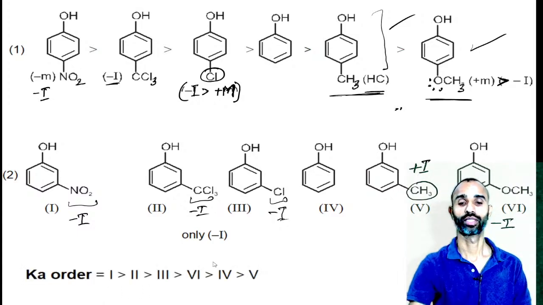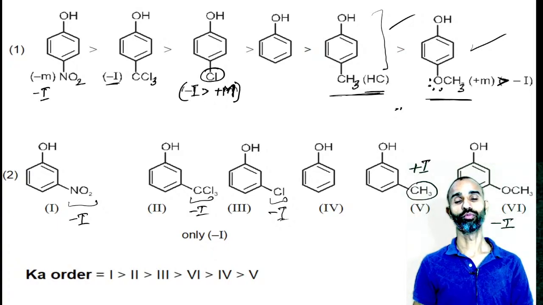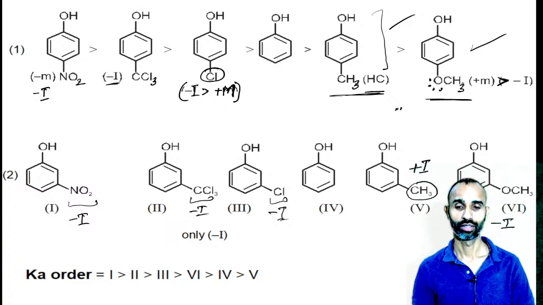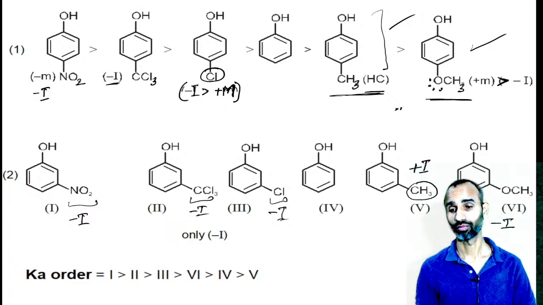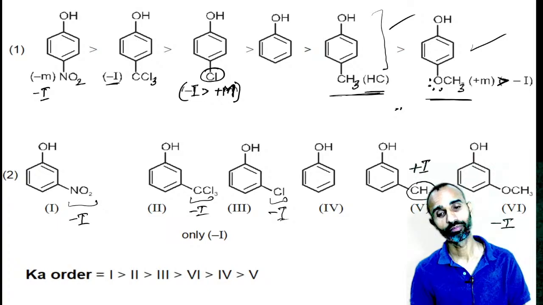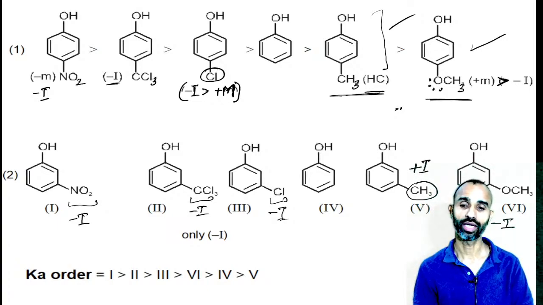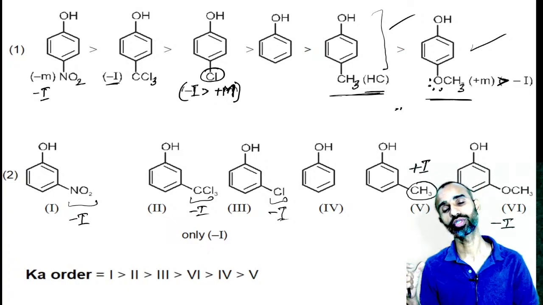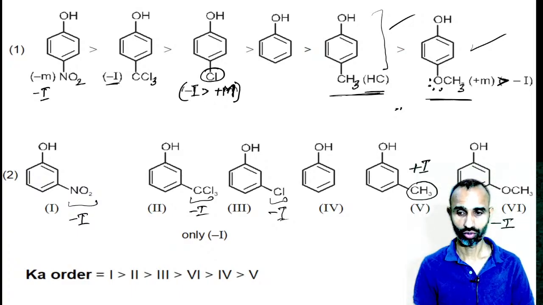See, the first one is most acidic, then it is second, then third, fourth, third and sixth, because all have minus I effect, and minus I effect of NO2 is more than CCl3, CCl3 is more than Cl, Cl is more than OCH3, because in OCH3 oxygen is attached to the CH3 group which releases electron towards oxygen, and then it is fourth and least is fifth.